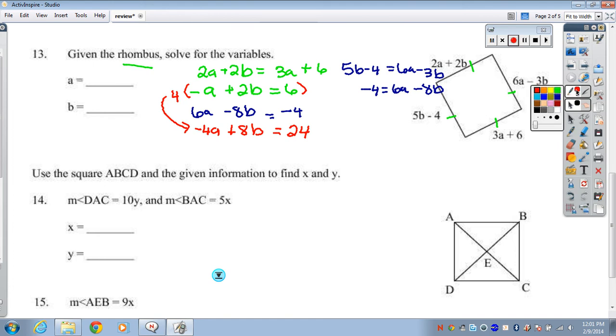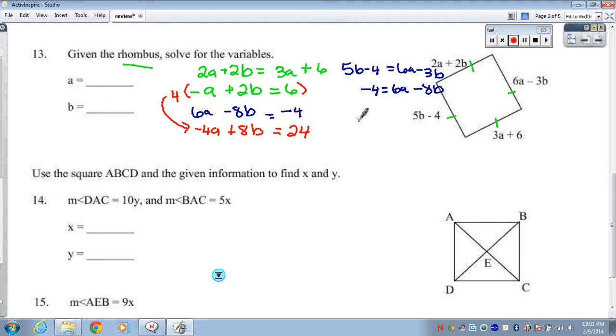Now I'm going to add these two equations right here together. That's going to give me 2a, negative 8b plus 8b is 0b, which is 0, equals 20. Therefore, a equals 10.